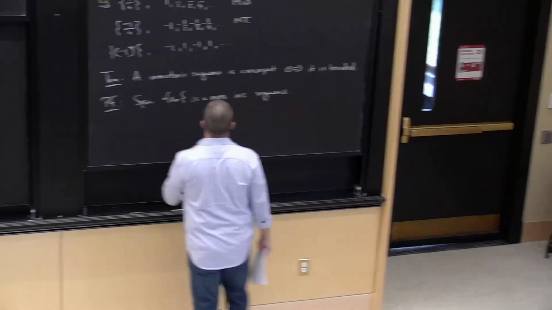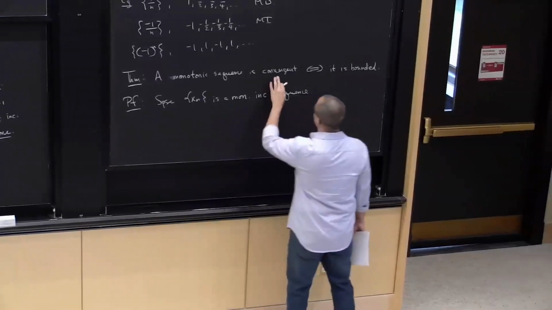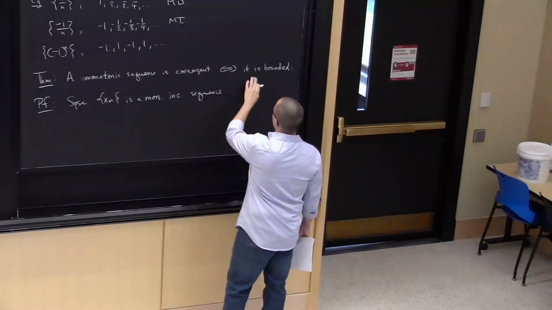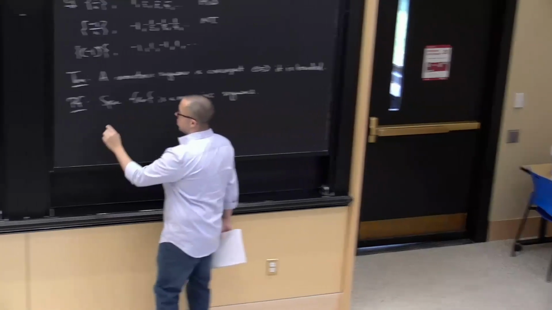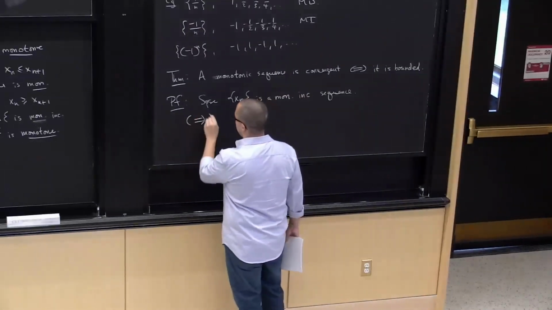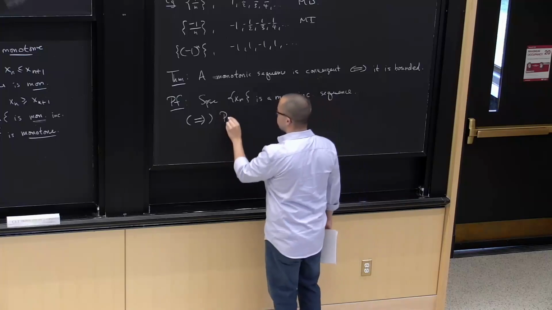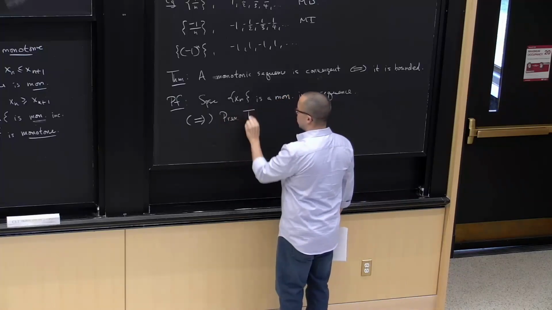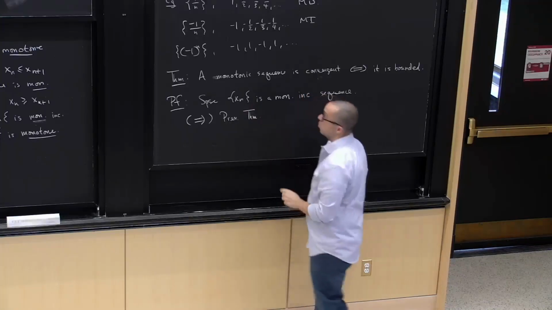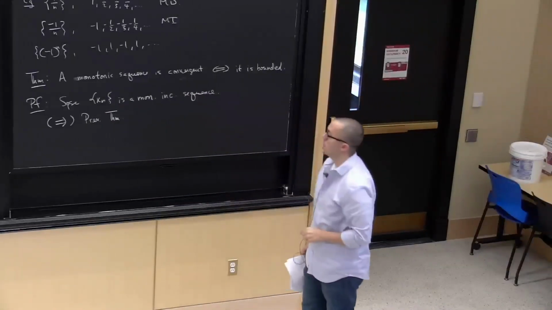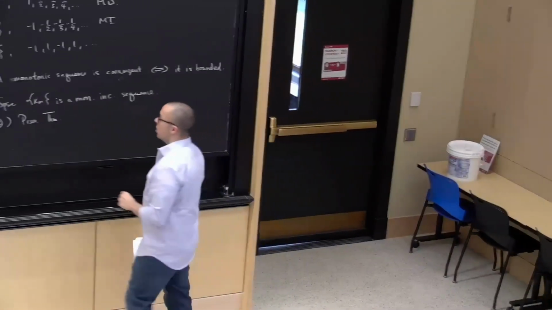So there's two directions to prove convergence if and only if bounded. So we have one direction, meaning convergence implies bounded. This is just the previous theorem, where we proved that every convergent sequence is bounded, not just monotonic sequences.